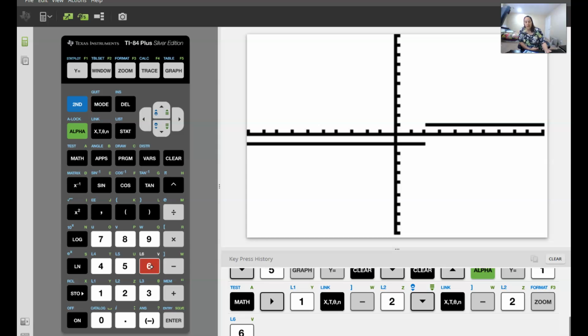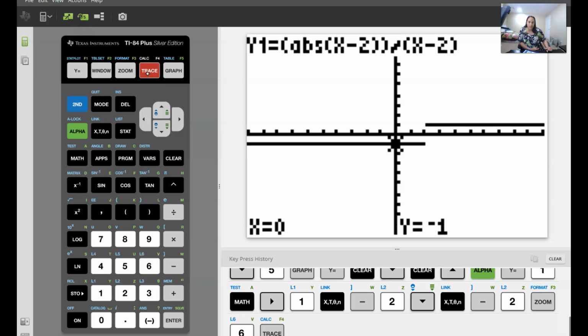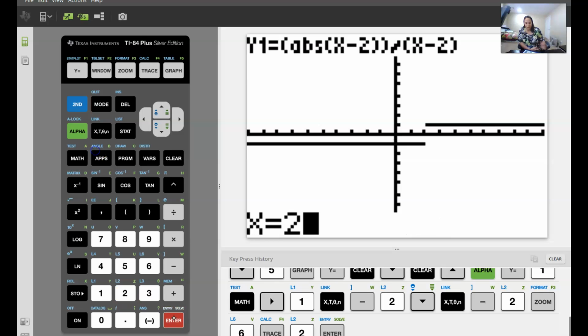Now domain, what x values is this hitting? So the only one really in question is right here at 2. Is it hitting 2 or getting up to but not quite hitting 2? The easiest way to do that is if you hit trace on your graph and then type in 2 and then hit enter.